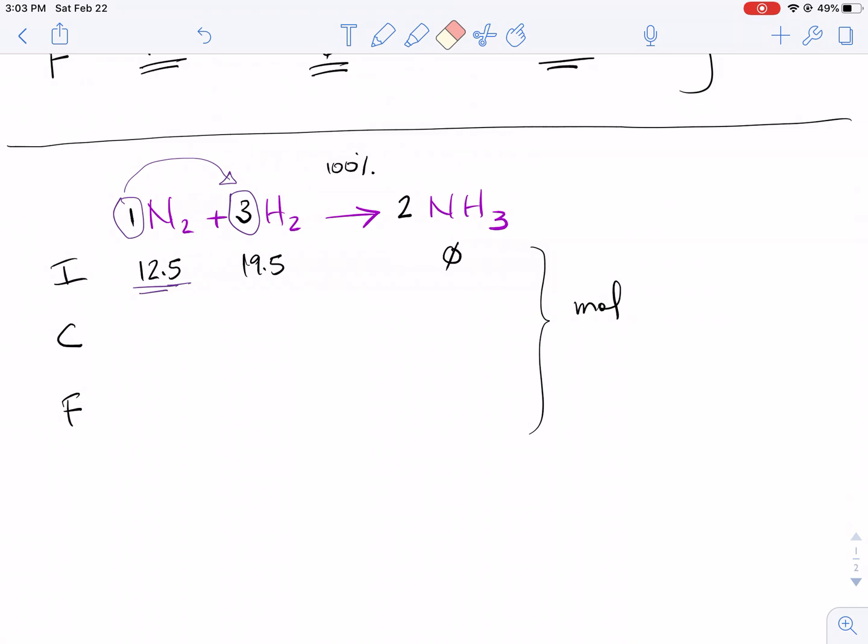If all of that reacts, how many mole of nitrogen would you need? This time, you're going in the opposite direction, from 3 to 1. So the factor you multiply the 19.5 by would have to be 1/3, because you're going in the less mole of nitrogen direction. So 19.5 times 1 divided by 3 is 6.5.